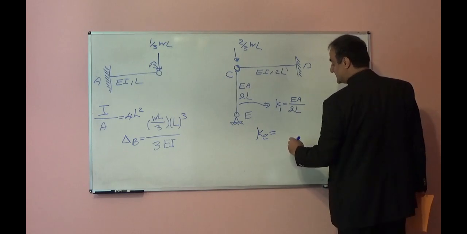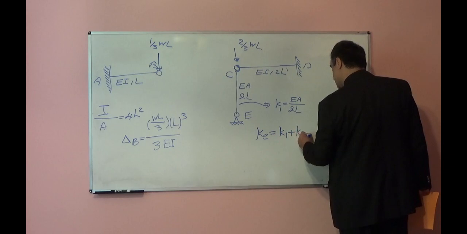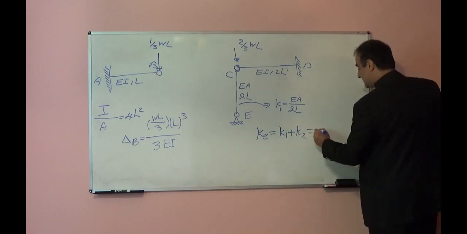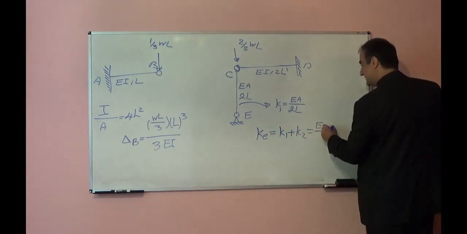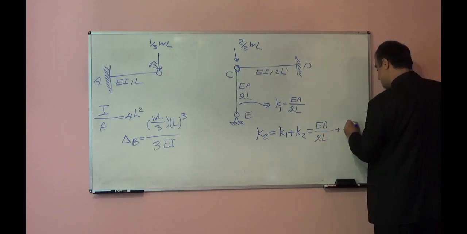So the equivalent stiffness here will be K1 plus K2. K1 here is EA over 2L. K2 here is 3EI over 2L cube.